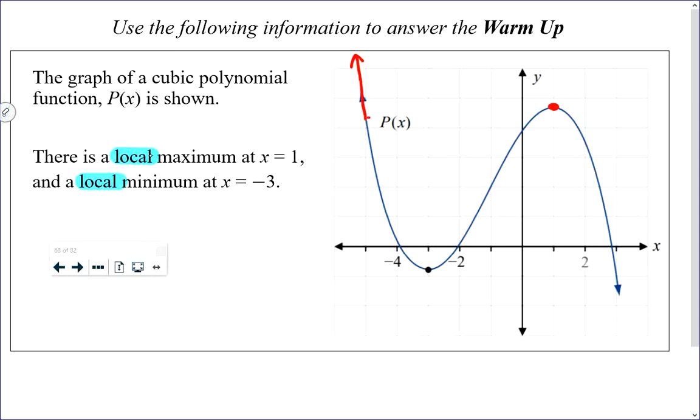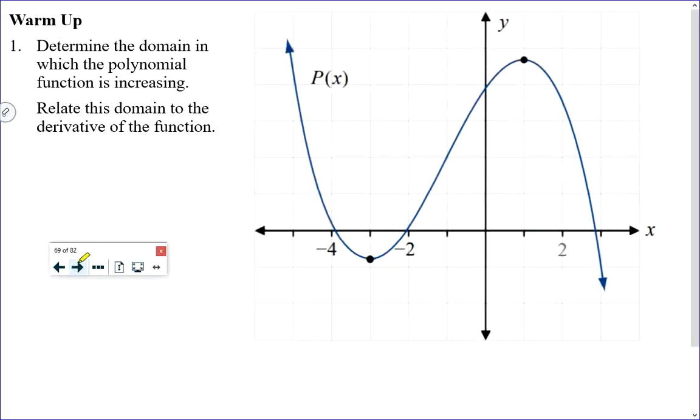That's why it's called a local maximum and a local minimum. So all I'm telling you is it reaches a peak at x equals 1 and it reaches a valley at x equals -3.